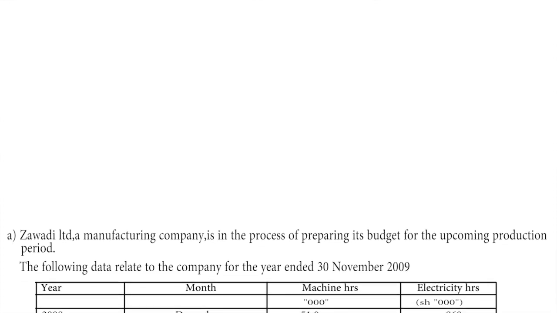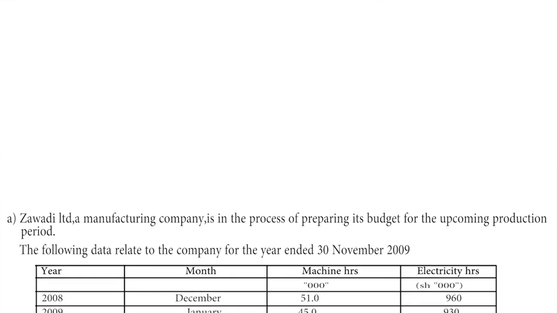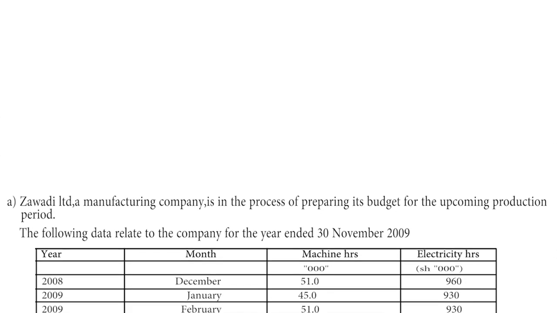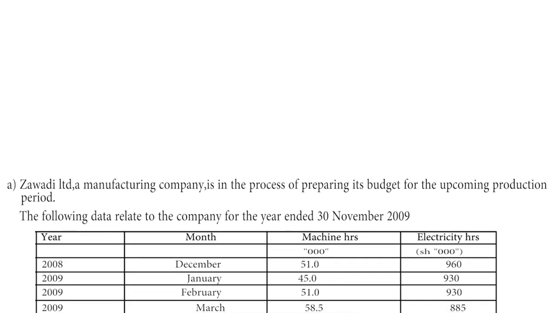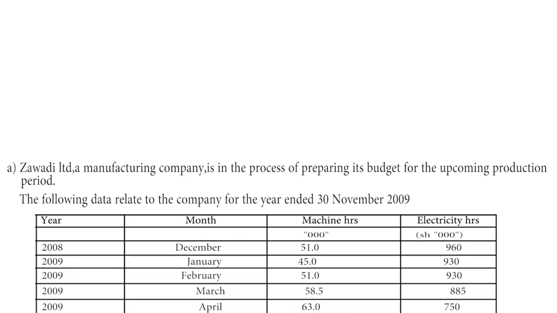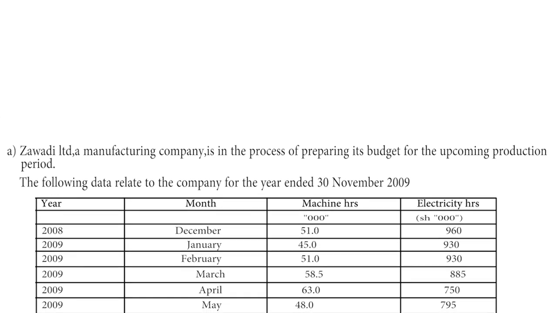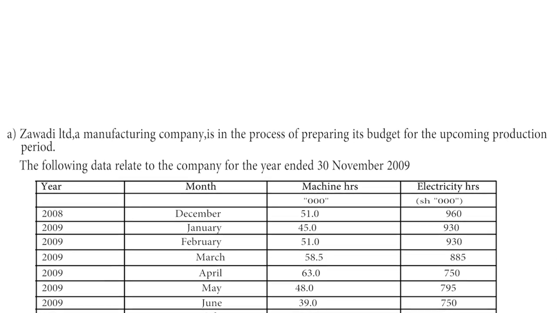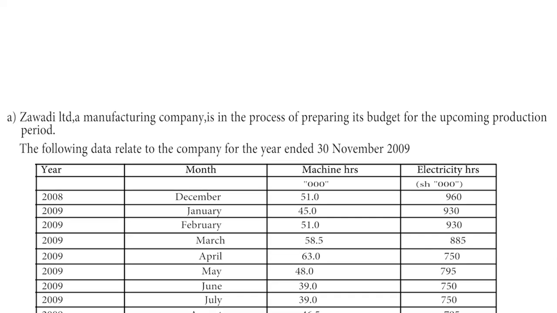You are given the year column, the month column, the machine hours column in thousands, and the electricity expense column in shillings thousands. The year is 2008, then 2009, down up to the month of November. The months are December, January, February, March, April, May, June, July, August, September, October, and November.